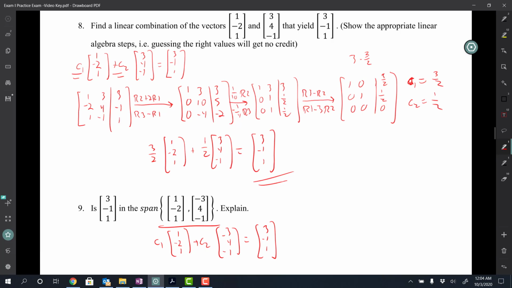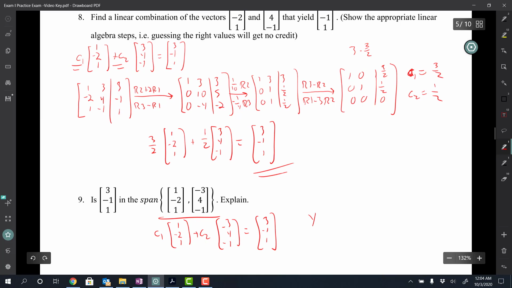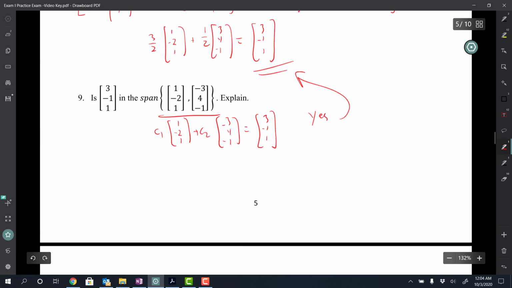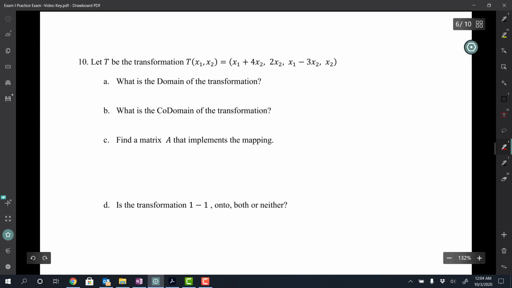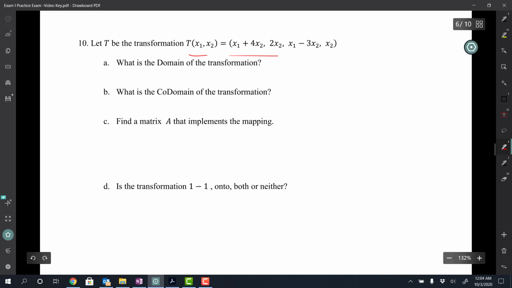It's exactly the same thing as the question from question 8. So the answer here is yes, because of that reason. So what we're demonstrating once again is that this is just another way to ask the same question. So we have to be strong on our vocab, so it doesn't matter how it's asked, we can still answer it. All right, moving on to question 10 about transformations, where here we have an equation for our transformation.